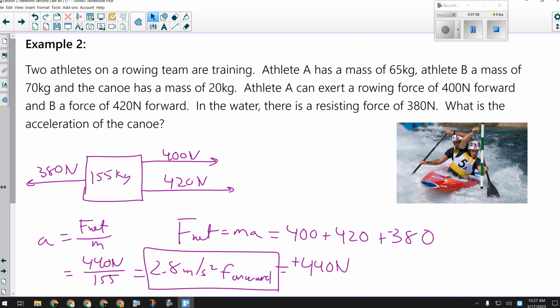Are little details important? Yes, definitely. I mean, we're looking at this question, and the reason I put this one on there every single year is because it's a perfect example of, hey, did you think about the fact that there's two people in the canoe? That has nothing to do with your ability to do F net equals m times a.